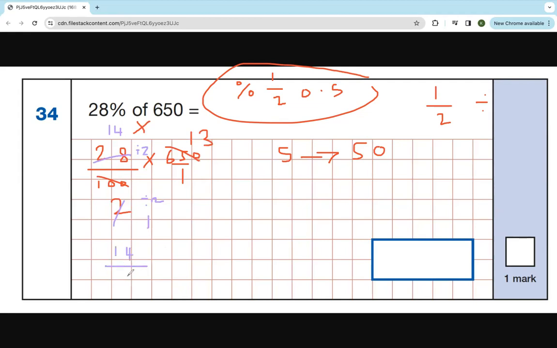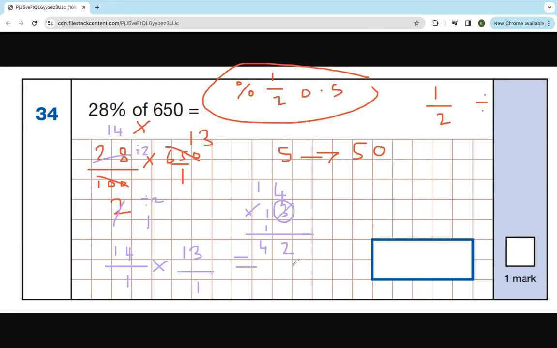We have 14 times 13 over 1. And we can do that together. We can stack it, we can partition it, but let's just do it like this for now. But we can do it a different way. When I'm multiplying and using long multiplication, I circle my first number. 4 3s are 12. 1 3 is 3 plus 1 is 4.